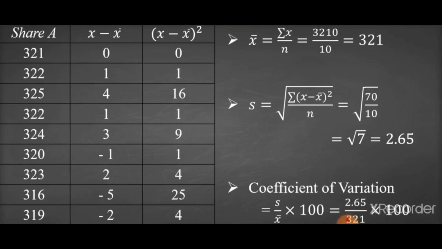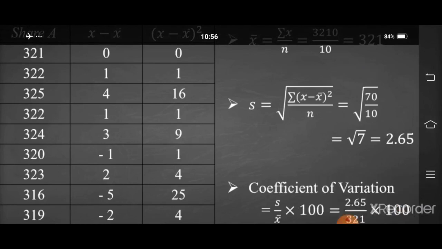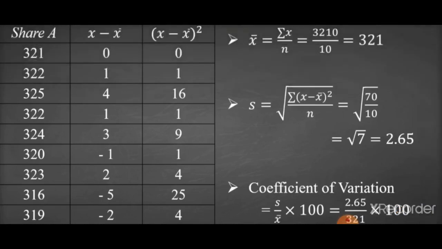According to the formula given here for coefficient of variation, S upon mean, first we have to find the mean. For finding the mean we have the formula x bar equal to sigma x upon n. For finding S, the standard deviation, we have to find the square root of sigma x minus x bar whole square upon n.